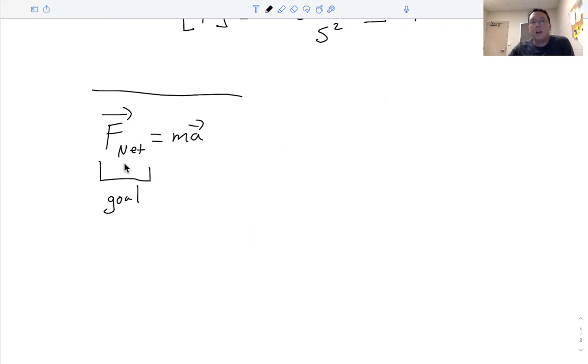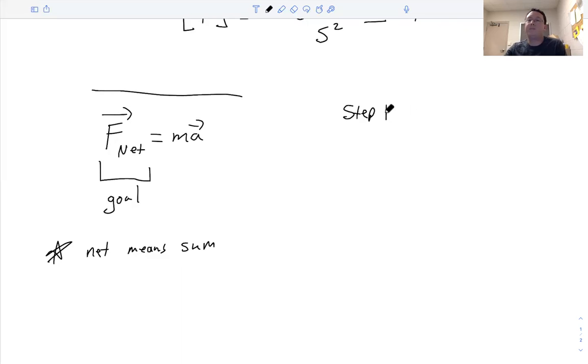Remember, note, net means sum, and net force means sum. All right, so here are our steps. It'll always be the same steps, so we should know it.